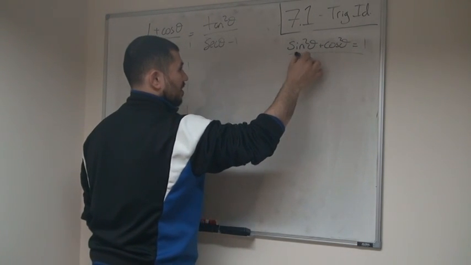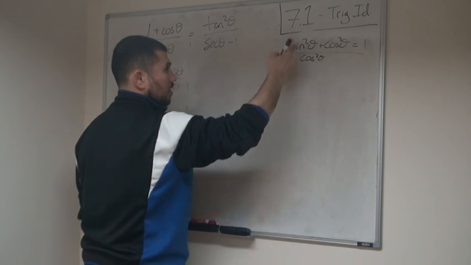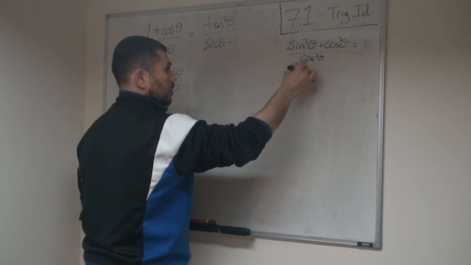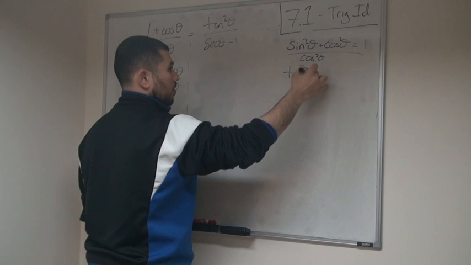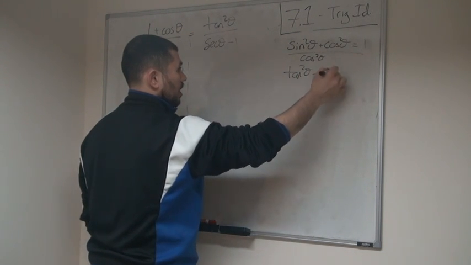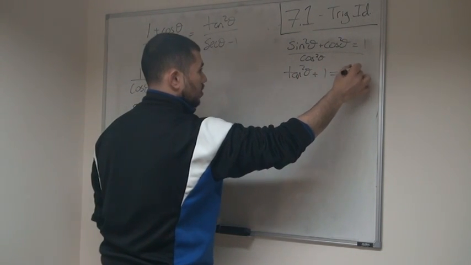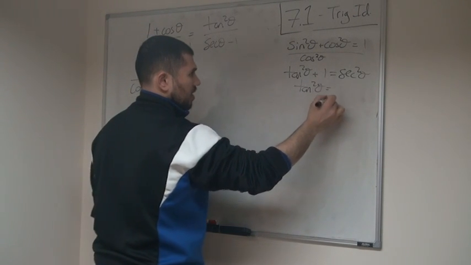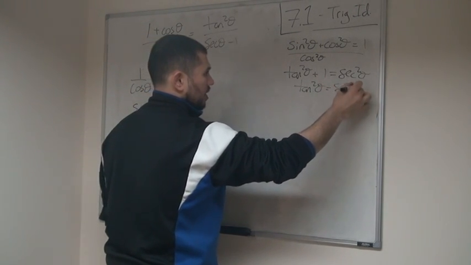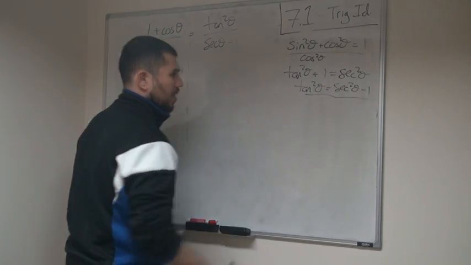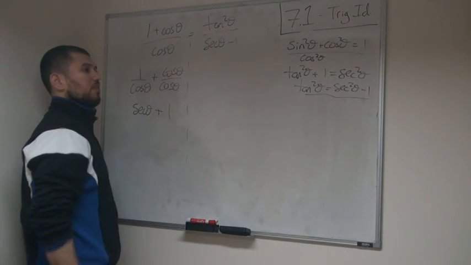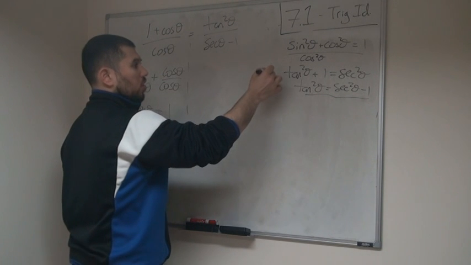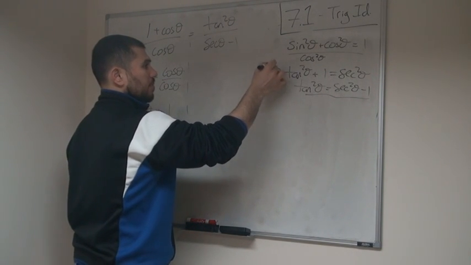So let me divide everything by cosine squared theta. Sine over cosine is tan squared theta. Cosine over cosine is 1. 1 over cosine is secant squared theta. So tan squared theta would be equal to secant squared theta minus 1. That would be another Pythagorean identity that you could have done off to the side. You could have started here if you memorized them.